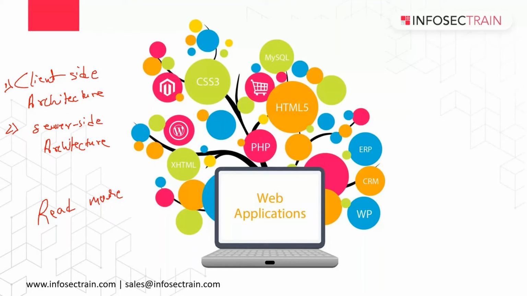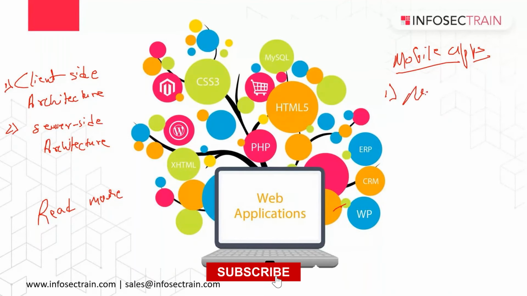in web application. Now, when we are talking about mobile application, are mobile application and web application the same or different? Different. So why are they different? Because just for an understanding, mobile applications are native apps. Not all, but they are native applications.